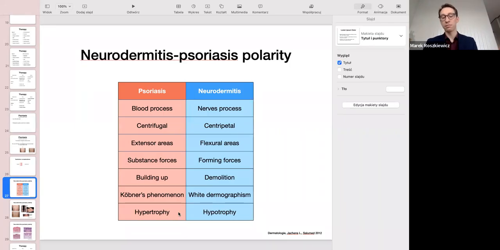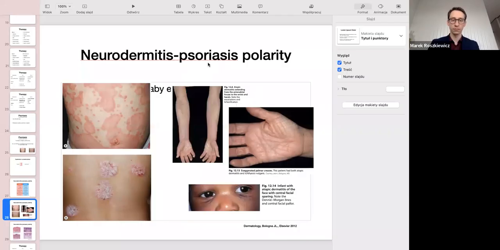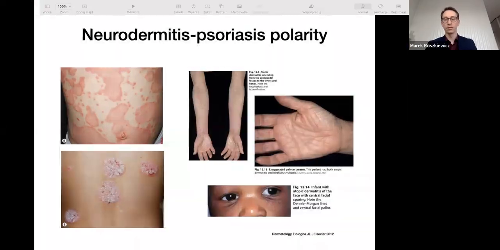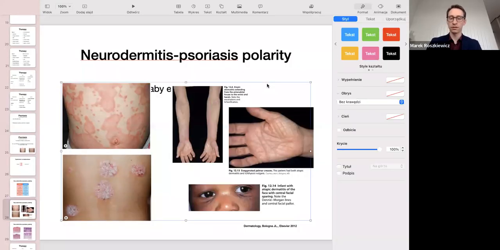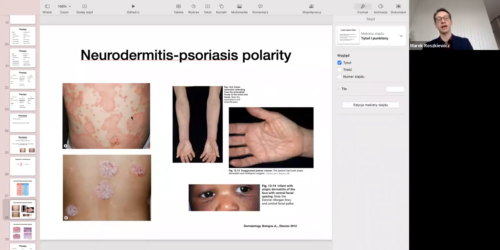And of course, as you can see, the hypertrophy and hypotrophy are the opposite sides of these two diseases. On the left side, we can see these psoriatic lesions.